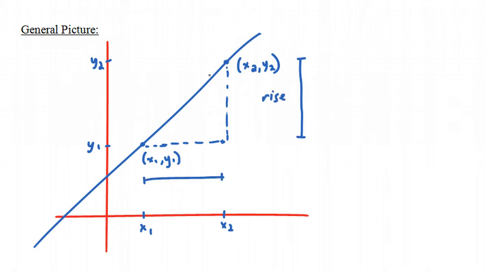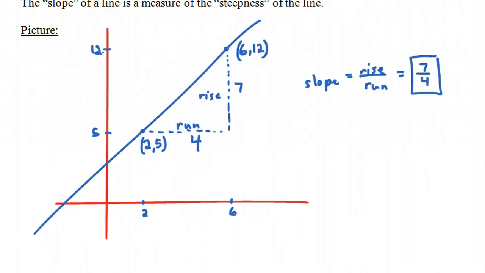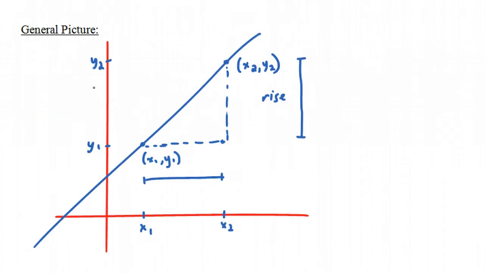What is the rise? Well, the rise is going to be the vertical distance between these two points. Basically, the distance between y1 and y2. How do you find that distance? You just do y2 minus y1. Just like up here in this example, the distance between 5 and 12 was 7. We did 12 minus 5, that gave us 7. So this is going to be y2 minus y1.